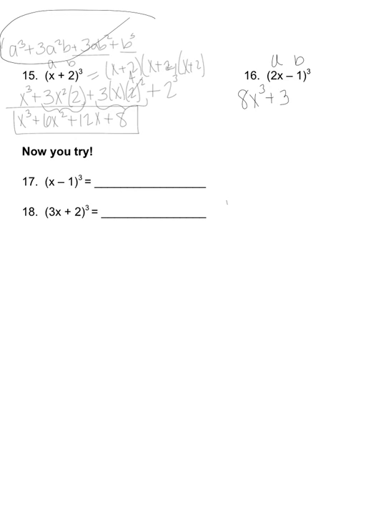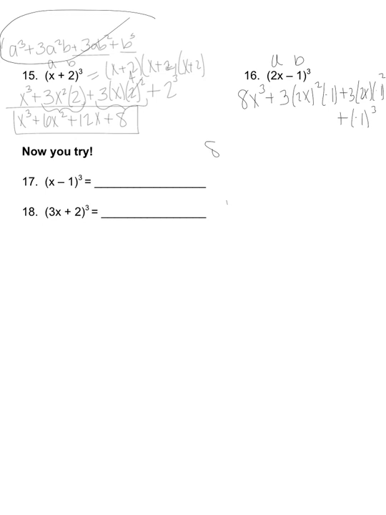Plus 3, notice on our formula is a squared. I'll just write that step. And then b. Plus 3a, which is 2x, and then times b squared. And then plus b cubed, so negative 1 cubed.